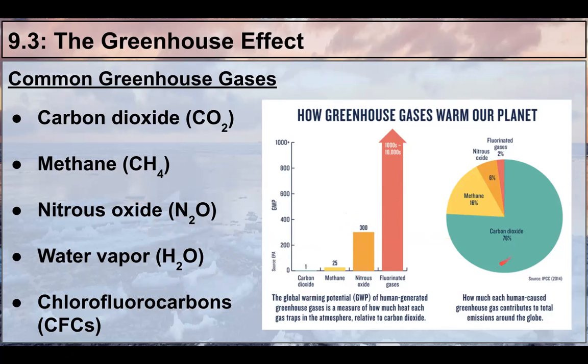Okay, but just by the sheer amount of carbon dioxide that we're putting out into the atmosphere, carbon dioxide is way more impactful. So basically all of these, their global warming potential is based off of carbon dioxide being 1, methane is 25 times more powerful, nitrous oxide 300, and these fluorocarbons are way more.